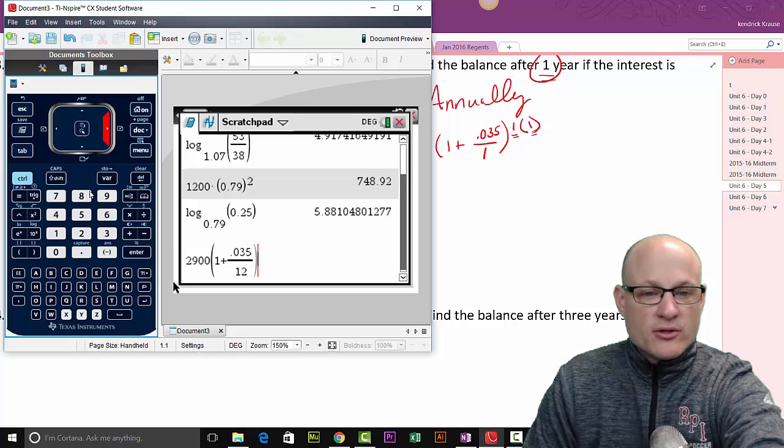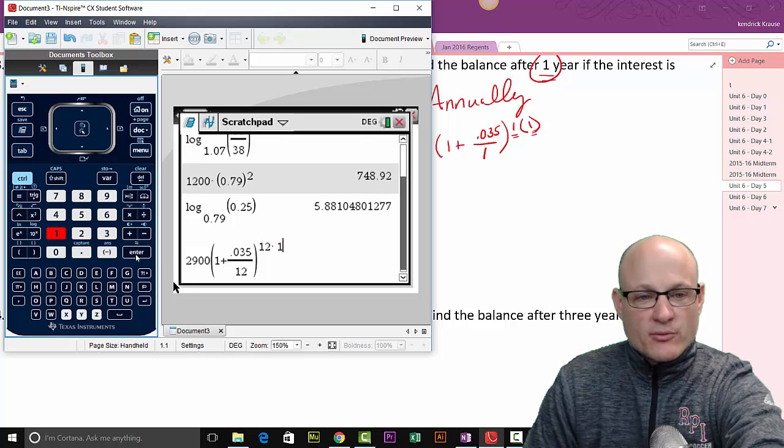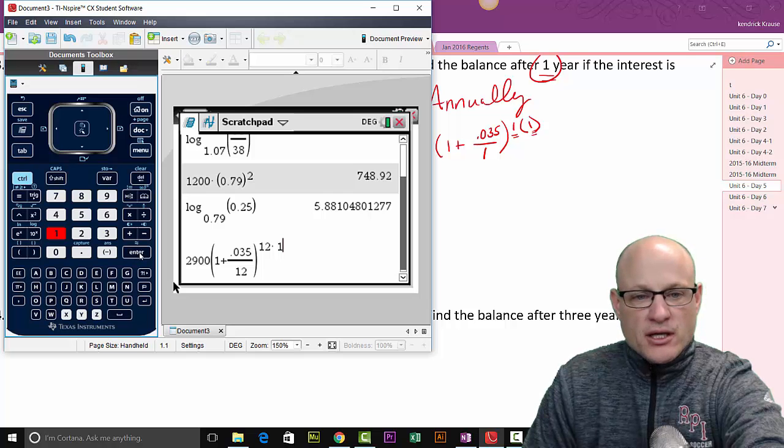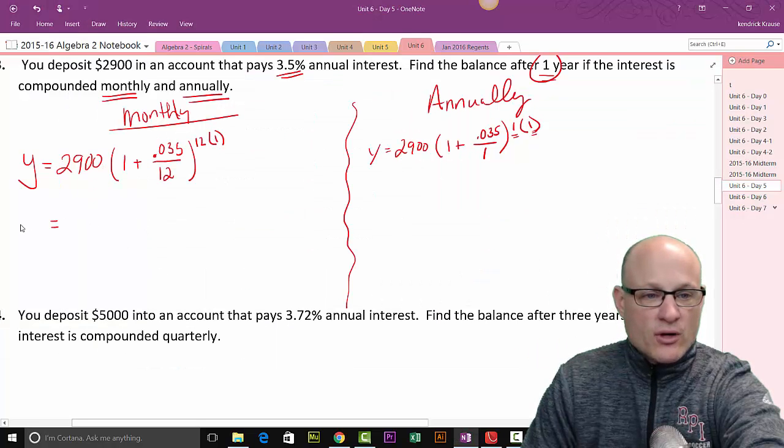So you'd think you're not doing as much because you're dividing by a number, but then we got 12 times 1. I'm just going to put 12 times 1 in. And you get $3,003.14. So Y would be equal to $3,003.14.